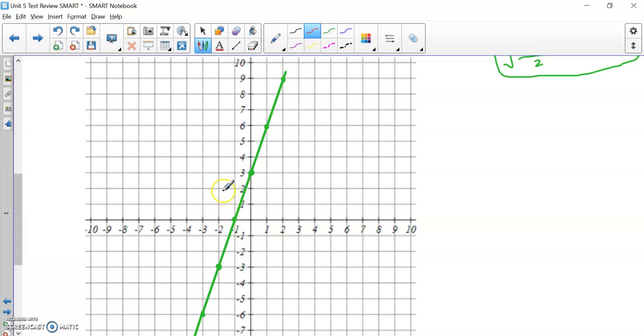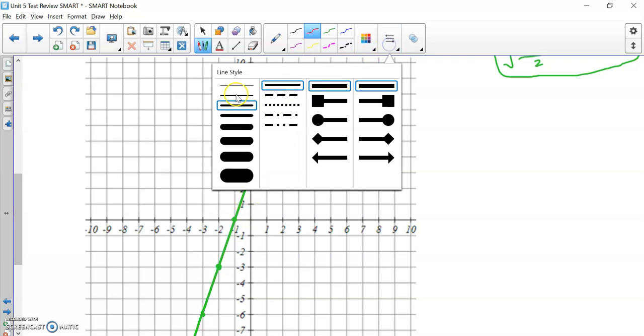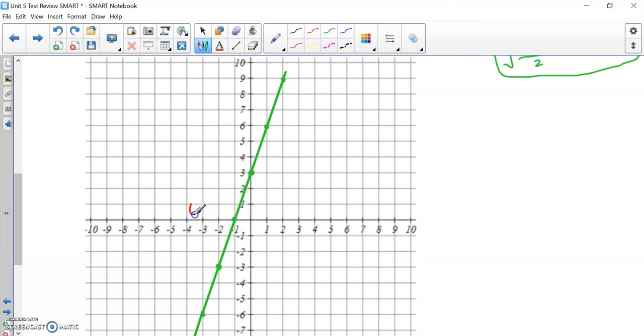So we can pick any. Well, let's go ahead and pick this one right over here. We have negative 1, 0, and this point we can do 0, 3. So from negative 1, 0, and 0, 3, the inverse versions of these would be 0, negative 1, and 3, 0.